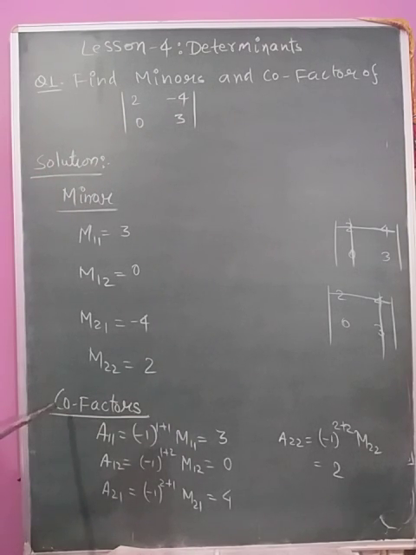And cofactors are by definition A11 equal to minus 1 to power 1 plus 1 capital M11. So after simplify, we have cofactor A11 is 3, A12 is 0, A21 is 4 and A22 is 2.